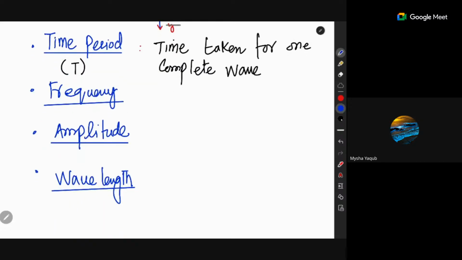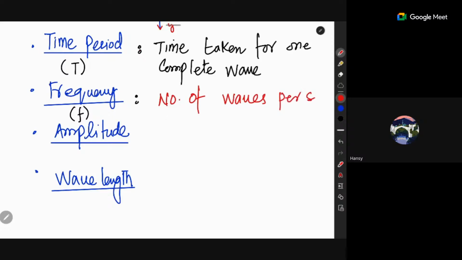What is frequency then? Huma, are you there? Yes, Huma, what is frequency? Number of waves in a second. Okay, so number of waves completed per second, per unit time, you can say. The unit of time period is second, whereas the unit of frequency is hertz.